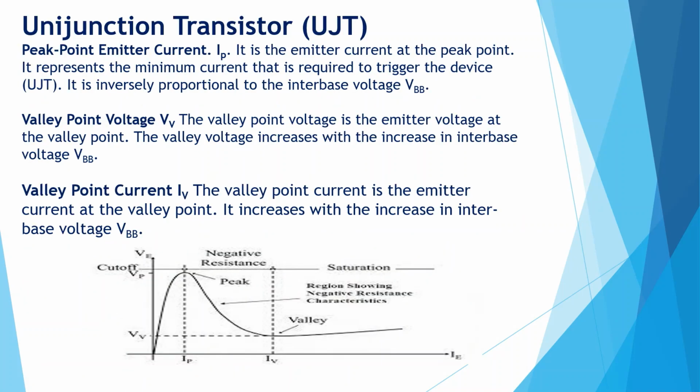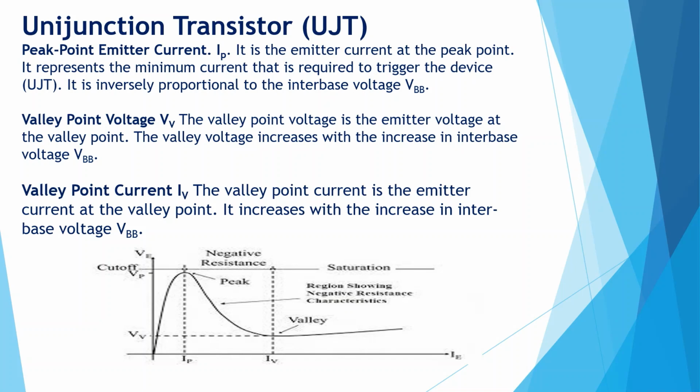Now, the last part of the unijunction transistor: we will try to understand the characteristic curve of the unijunction transistor. Here the graph has been drawn between the emitter voltage VE and the emitter current IE for a given value of VBB, that is the voltage applied between base 1 and base 2.